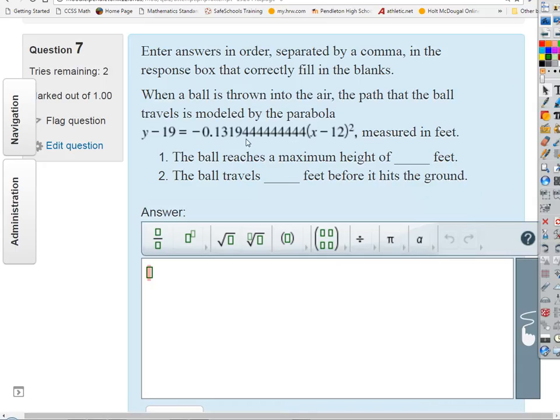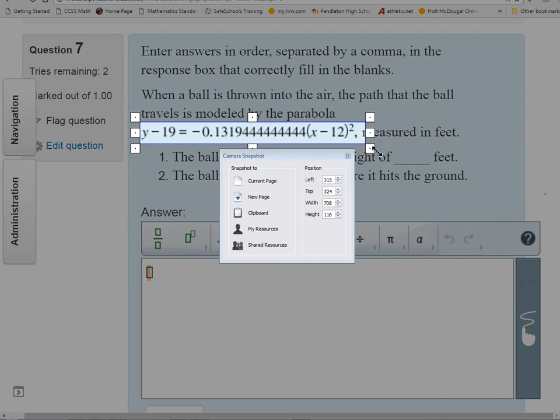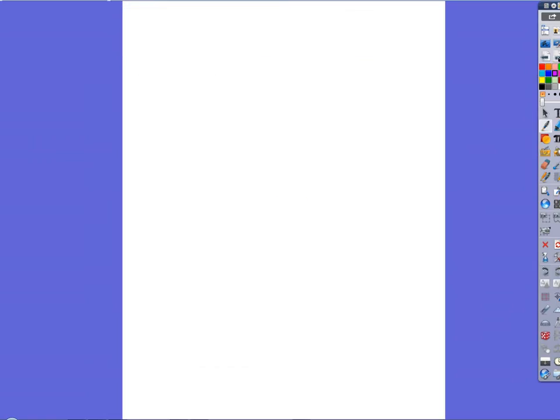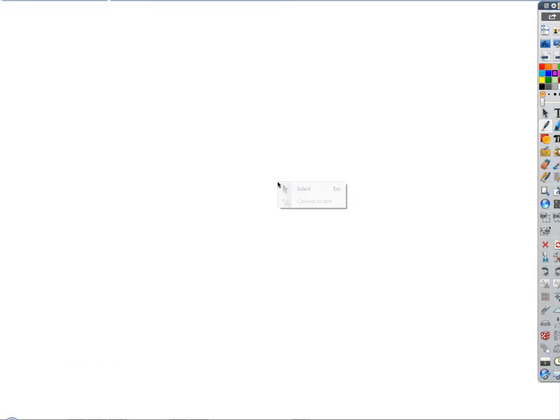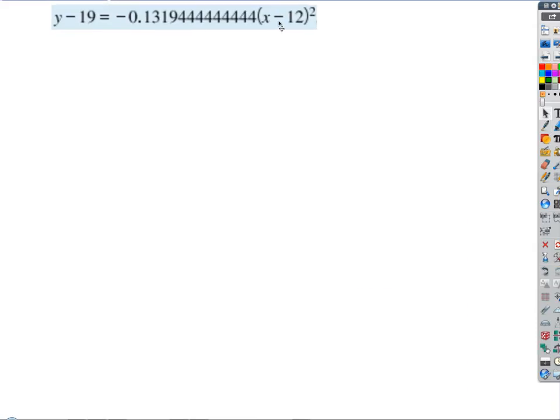Okay, there's a couple ways we could do this. We wouldn't even really need to graph this, honestly. We can, but if I just take this equation and put it in the right form, I want it in the form x minus h squared equals 4p times y minus k.